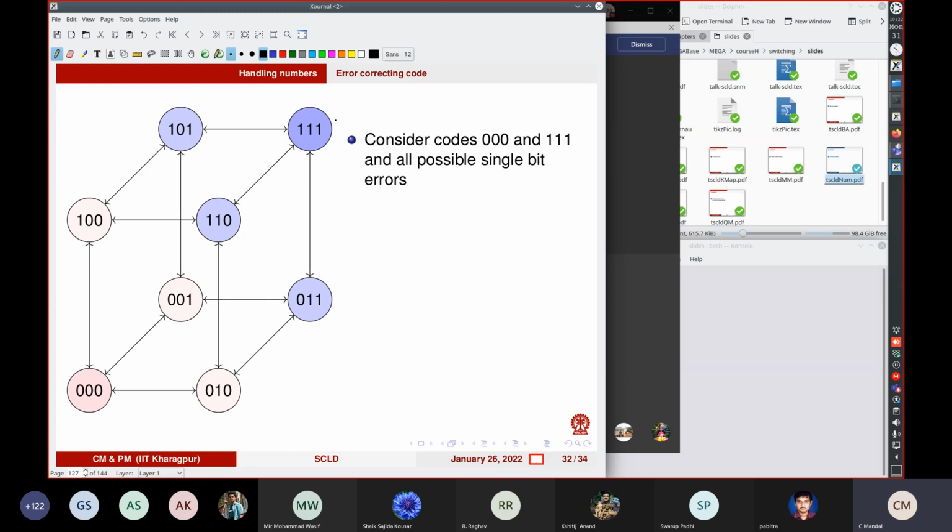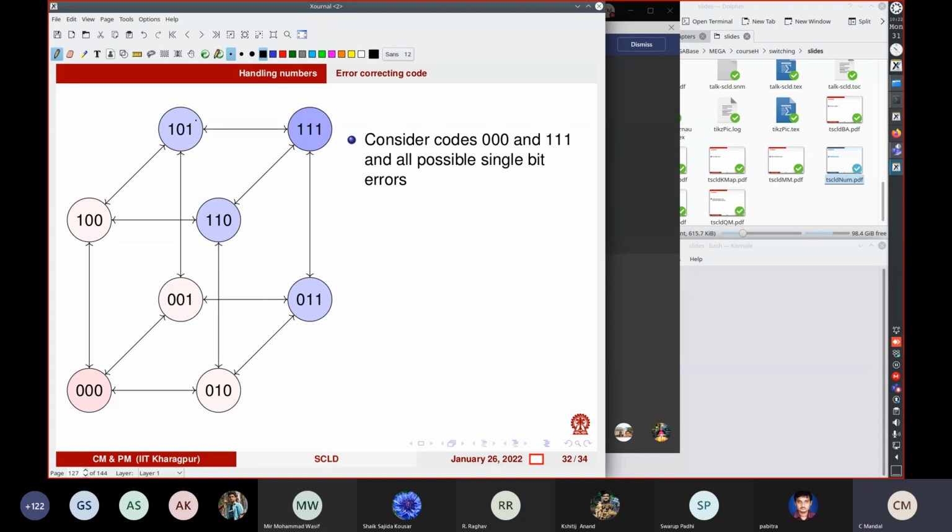So what do you see? What is the distance between the valid code bits? If you look at this hypercube, this cube, then you find that along any path the distance between 000 and 111 is 3.